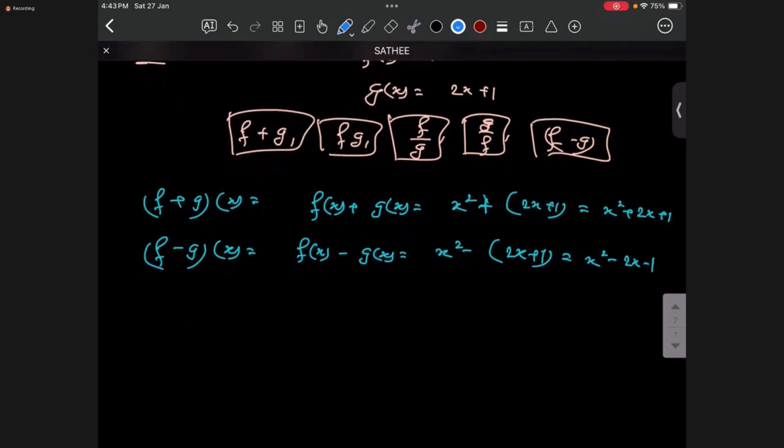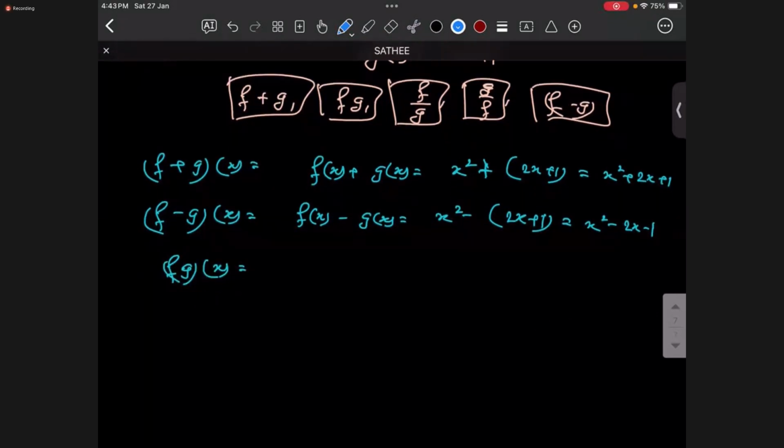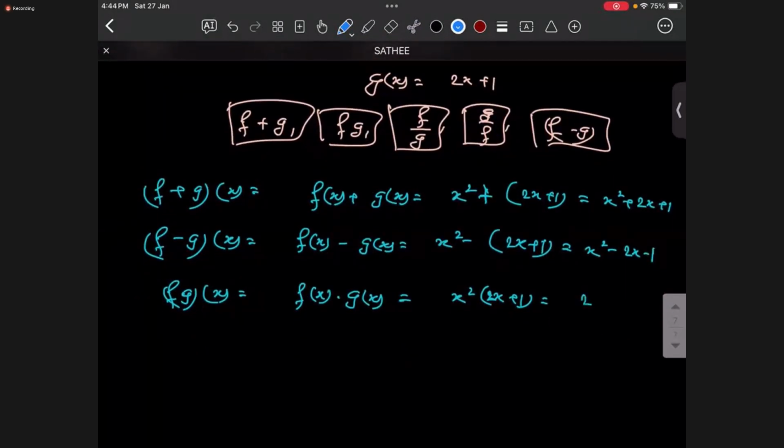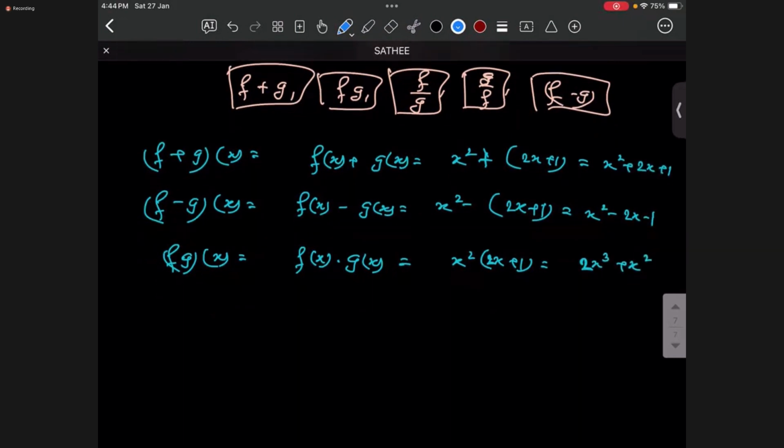Clear? Now what about f g of x? That means f x into g x, that is equal to x square into x plus 1. So that thing is nothing but x cube plus x square, right?